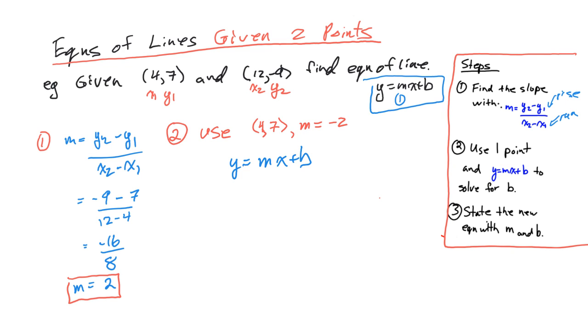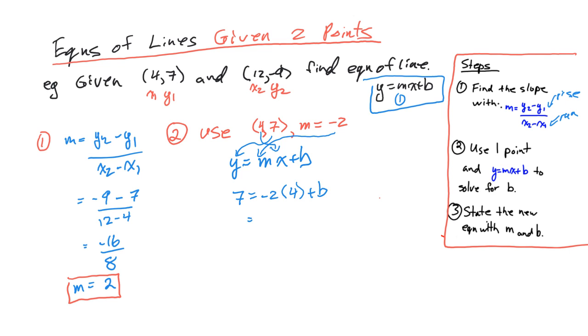Now remember, our y comes from here. So this is 7 equals, our x comes from here, and our slope comes from here. So we have negative 2 bracket 4 plus b. And now we simplify.